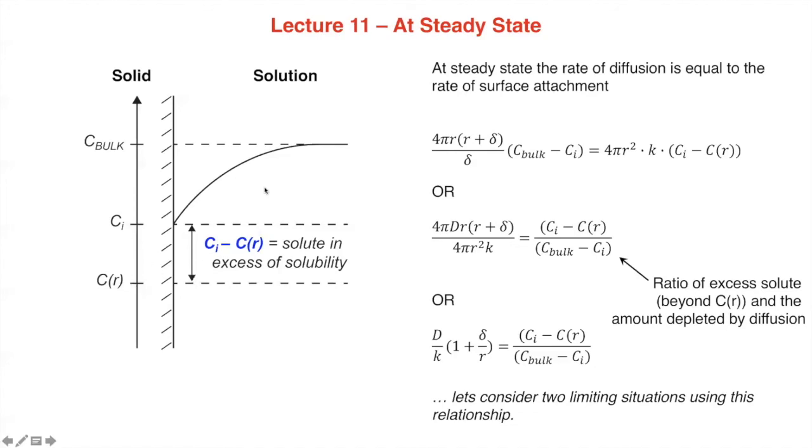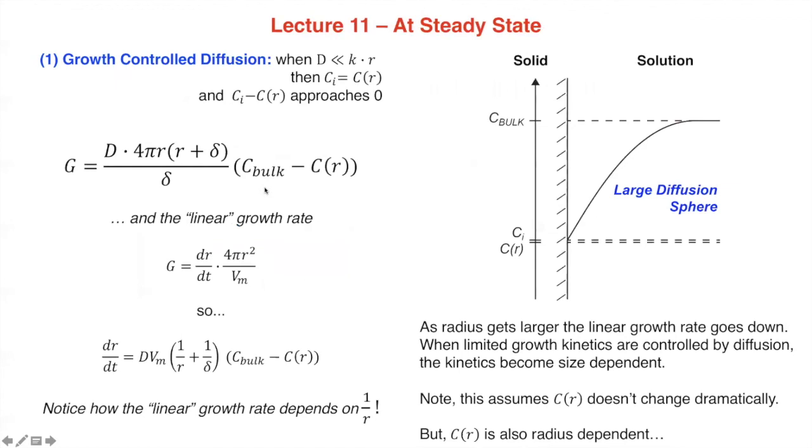Now, let's consider two limiting cases, and we've already talked about them, but to help drive this idea home. So a case where growth is entirely controlled by the diffusion process. This is the case where the diffusivity of the monomers is really, really low. Let's say the solution is honey with a very high viscosity.